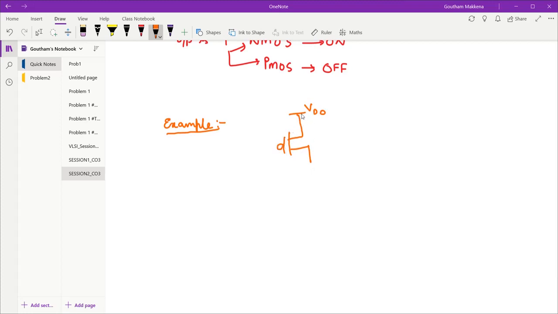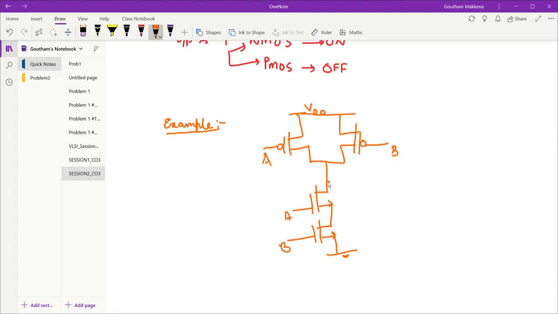And this is another PMOS. So this is my pull-up network. In the pull-down network, I again have two NMOS transistors that are in series. Let these two be A and B and let these two be A and B, and let this be my Vout.